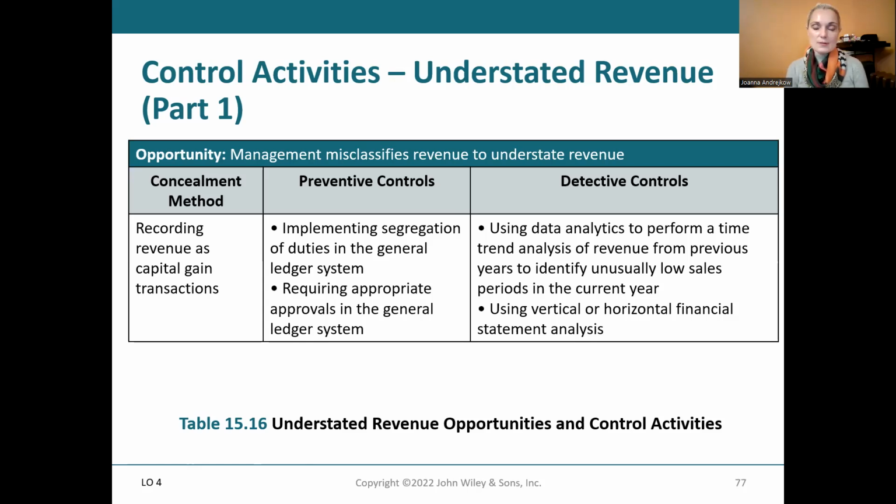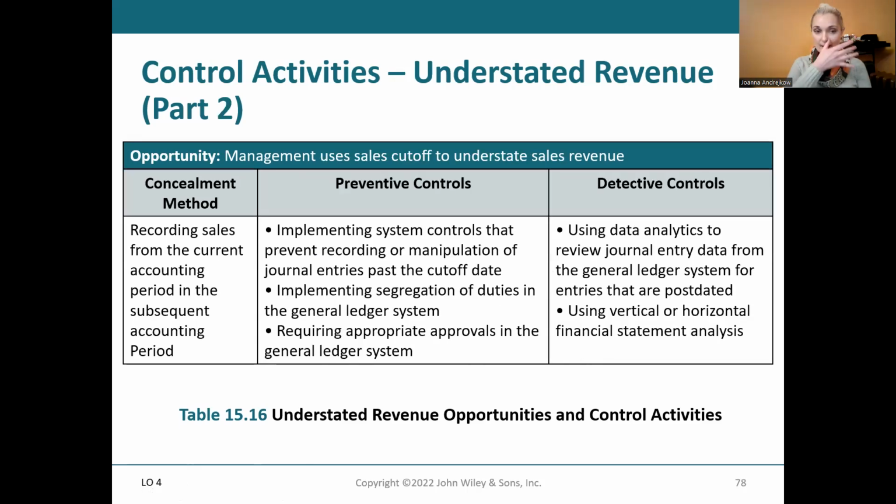Detection controls: you can have data analytics performing trend analysis of revenues from previous years to identify unusually low sales in the current year that are not justified by something occurring internally or externally in the environment. And then you can always use the vertical or horizontal financial statement analysis to reveal any strange patterns.